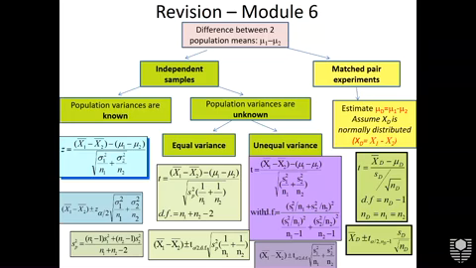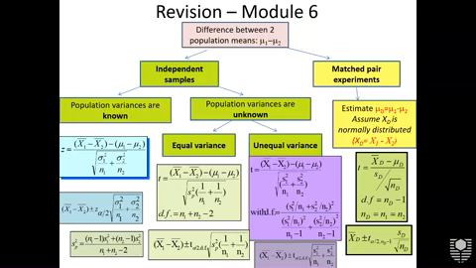If we are interested to find the interval, so n D minus 1, it's the same here, but we're going to have an additional XD, which should come from X bar 1 minus X bar 2. So in here, how do you know whether it's independent or a matched pair experiment?